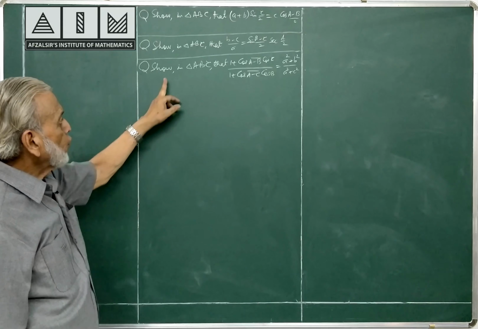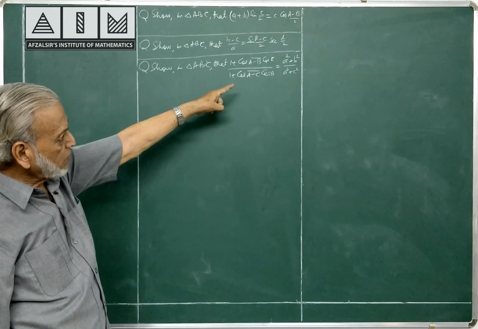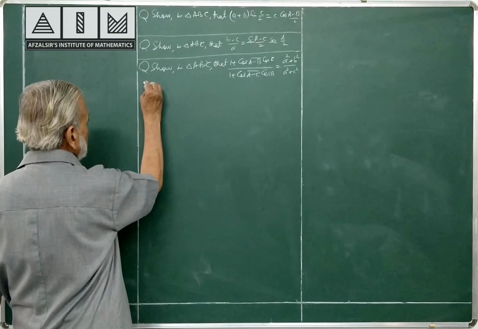Please see. Show in triangle ABC that (1 + cos(A - B) cos C)/(1 + cos(A - C) cos B) = (a square + b square)/(a square + c square). Solving, please see.